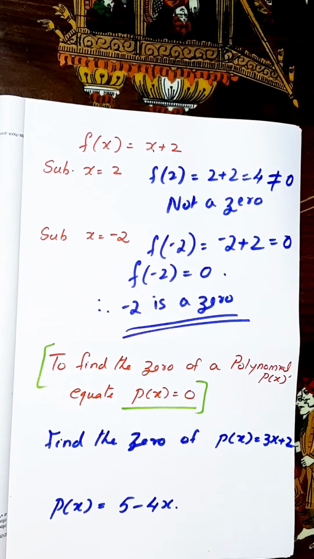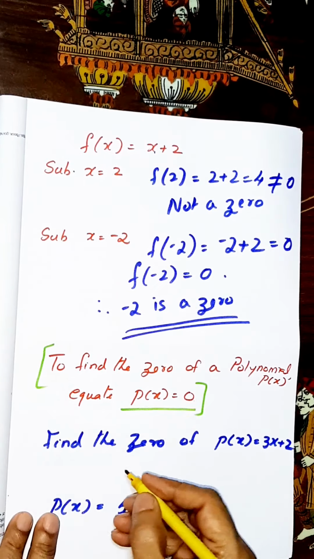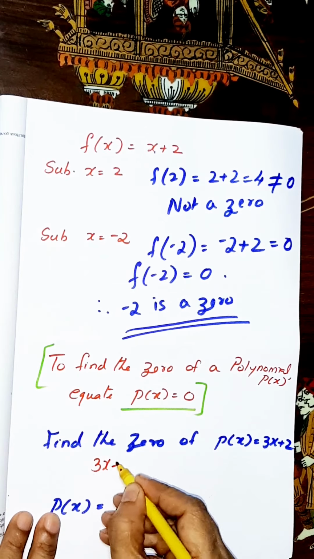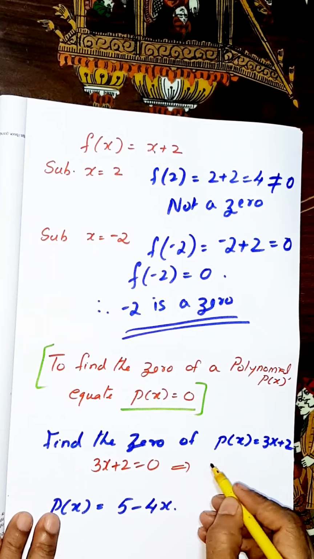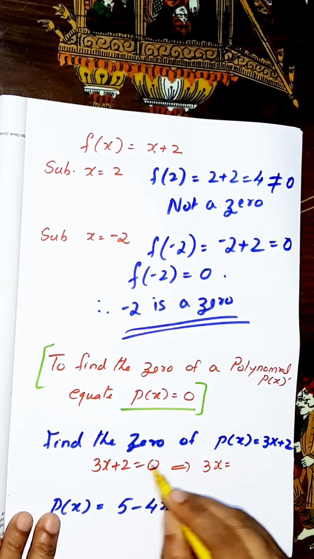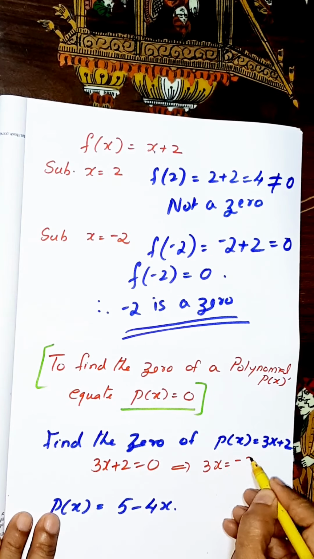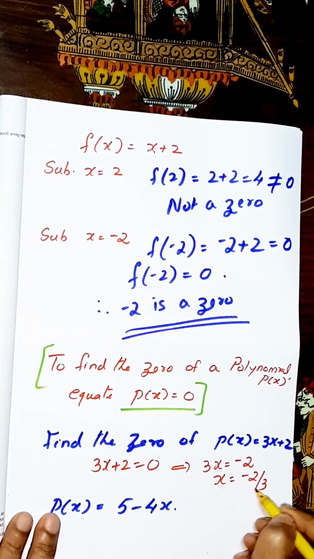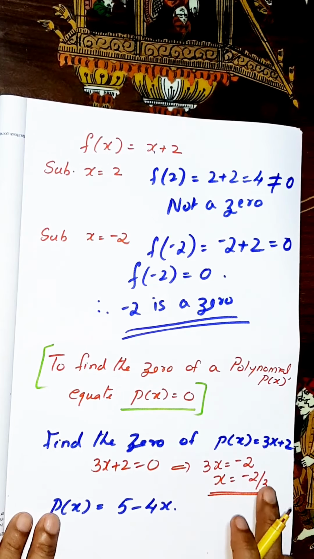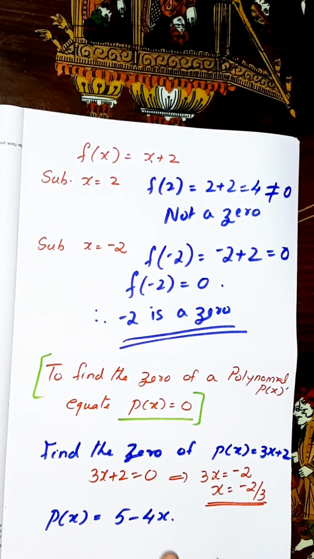For example, find the zero of the polynomial P(x) is equal to 3x plus 2. We equate 3x plus 2 equal to 0. From this you will get 3x is equal to minus 2, so x is equal to minus 2 by 3. So, the zero is minus 2 by 3.